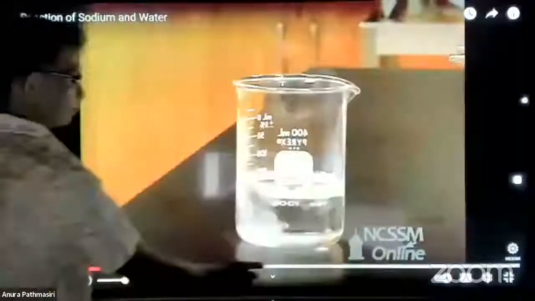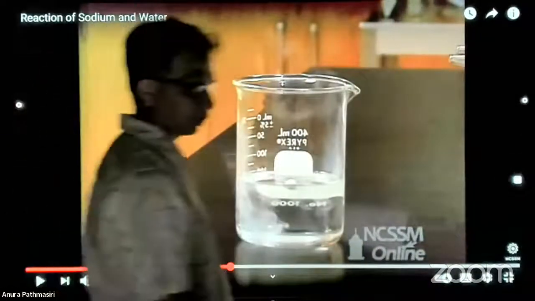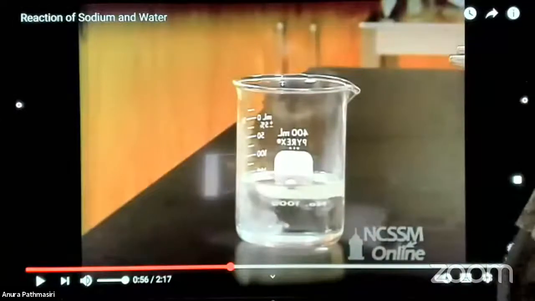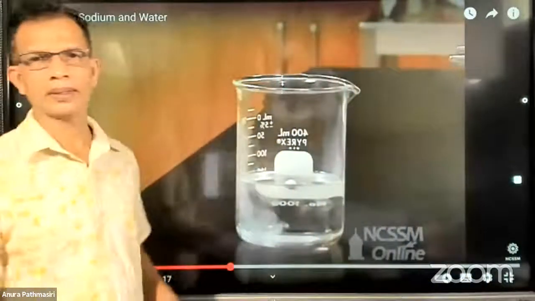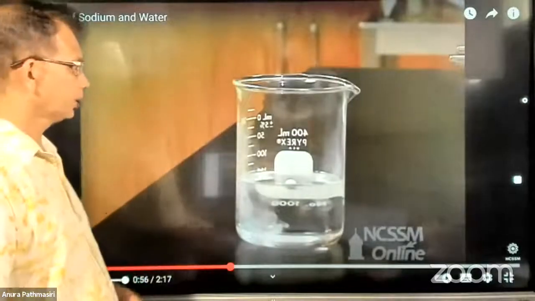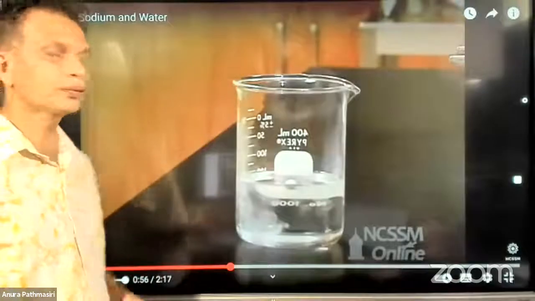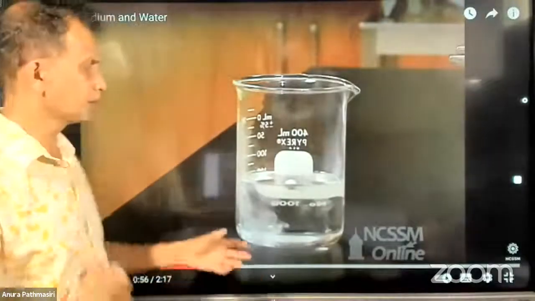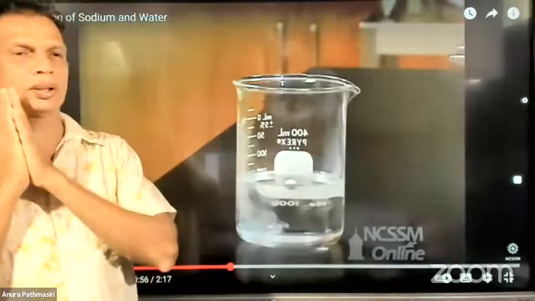Okay, what are the two observations that you can see when it is in the water? One, it floats on water. That means the density of sodium is lesser than water.